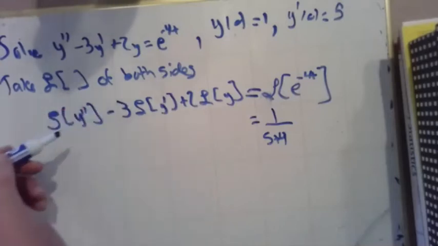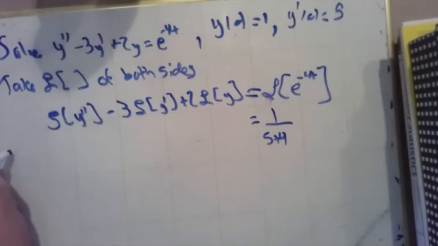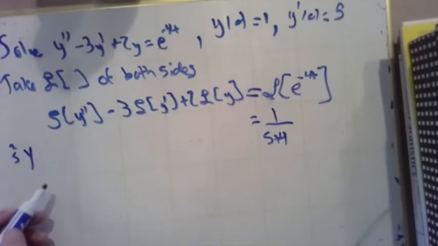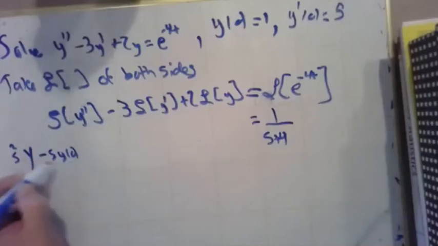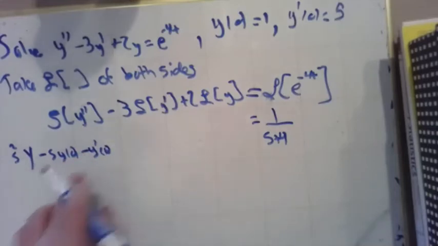Over here, I just wrote all these down. The Laplace transform of y double prime is s squared capital Y. Capital Y means the Laplace transform of y. Minus s y of 0, little y of 0, minus y prime of 0. We know both of those.